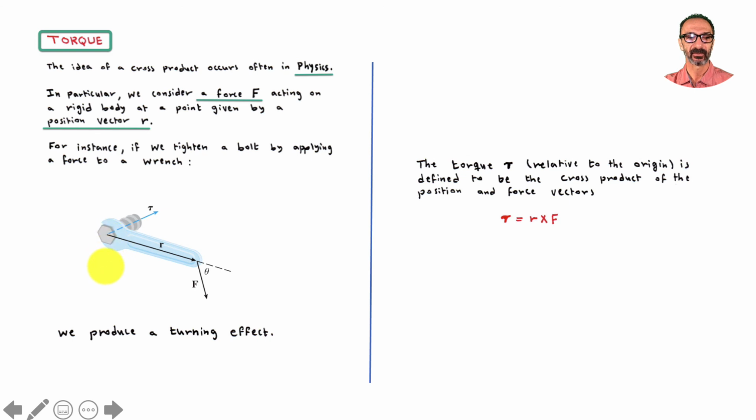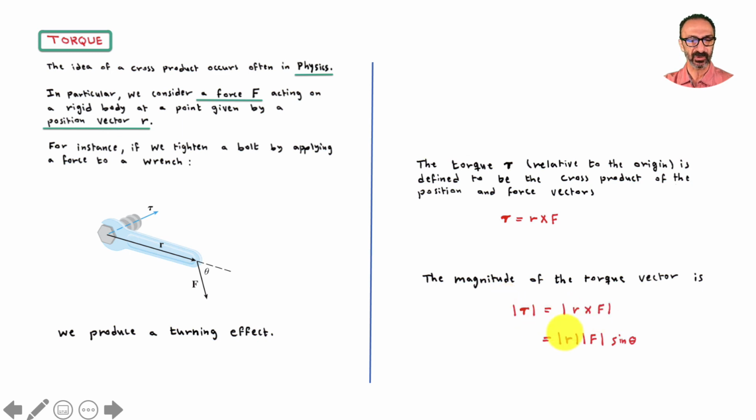This is F, and you go from this way to this way with your right hand. This is where you're going to point, which makes sense. You're going to go into the wall, if you will call it that. So that's how we do it. It's a cross product. So this is the formula for the torque. The magnitude will be just the magnitude of the cross product, and the cross product uses sine, not cosine. Just keep that in mind, and that should do it.